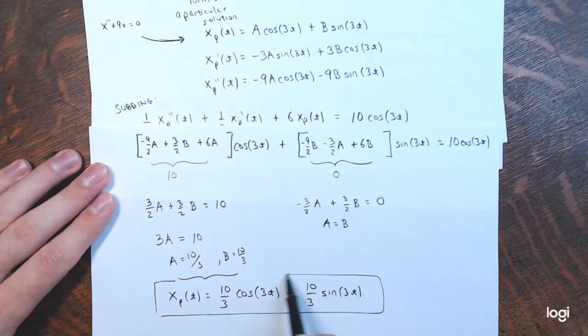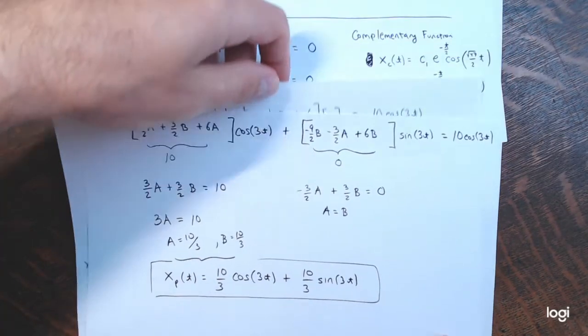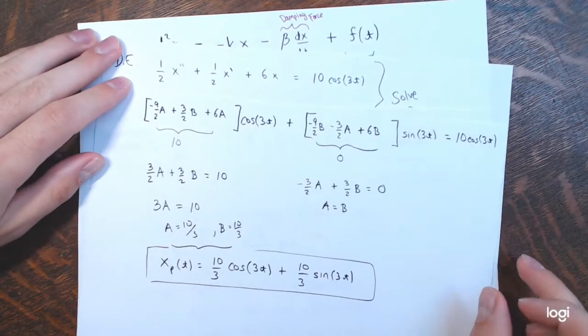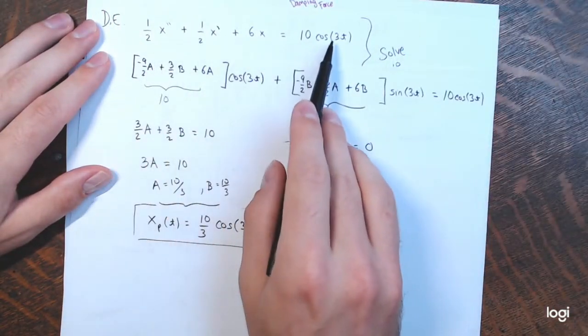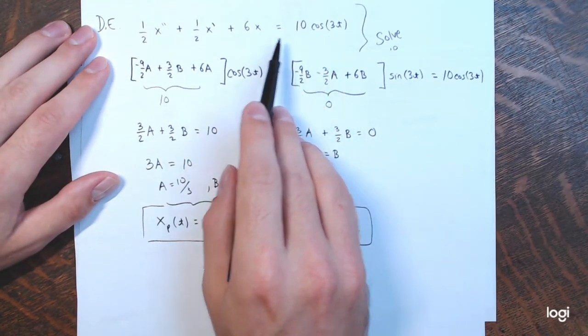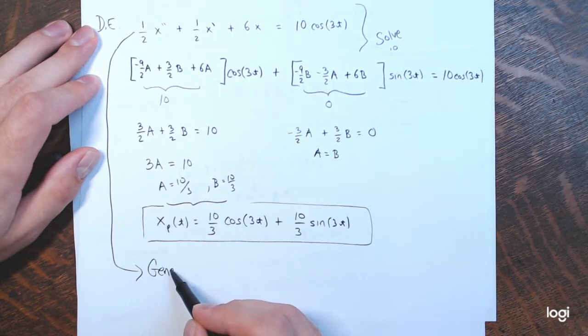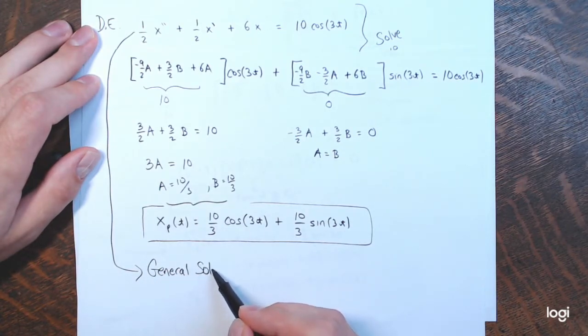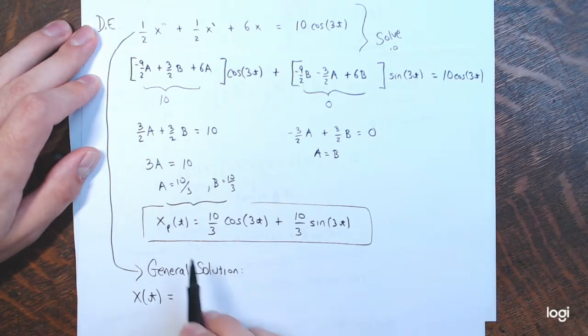That's not the answer, I'm just putting it in a box. So now we go back to the original non-homogeneous equation, and the general solution to that equation looks like the following: x of t equals, now remember, the complementary function plus a particular solution.